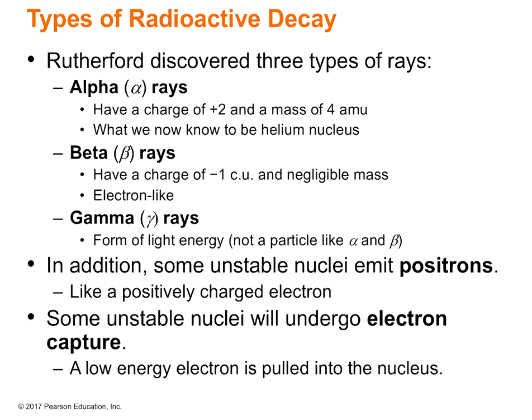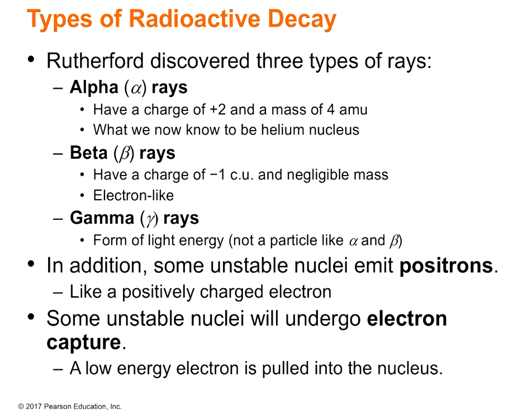So these main types of rays have different properties. Alpha rays, for instance, have a charge of +2 and a mass of 4 atomic mass units. So that's actually equivalent to a helium nucleus. Remember, helium has a mass of about 4 AMU.